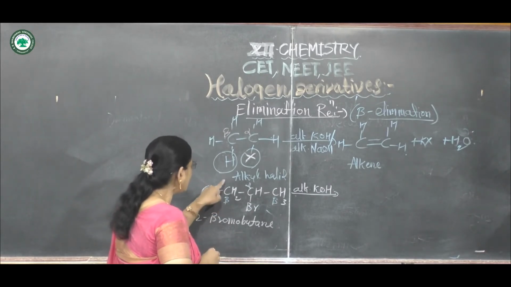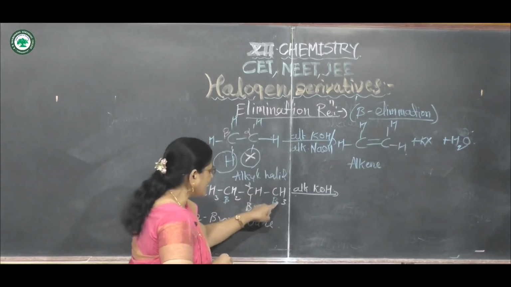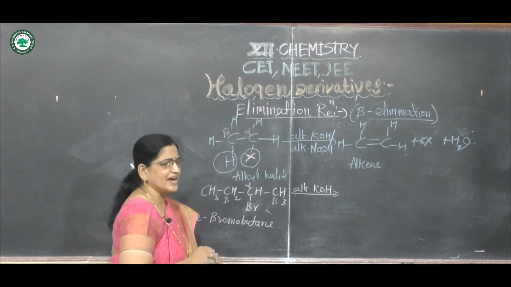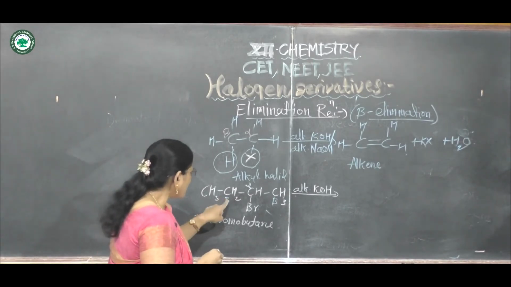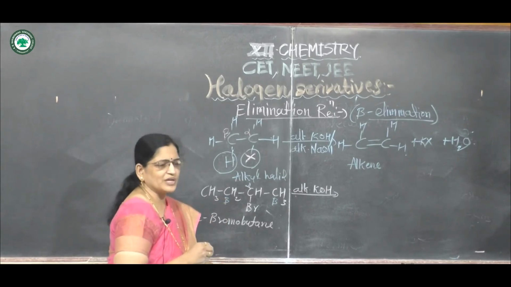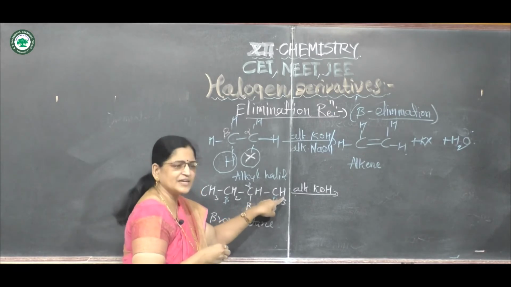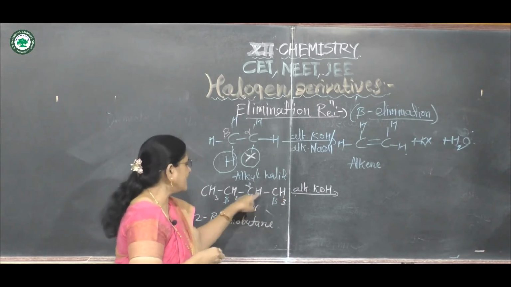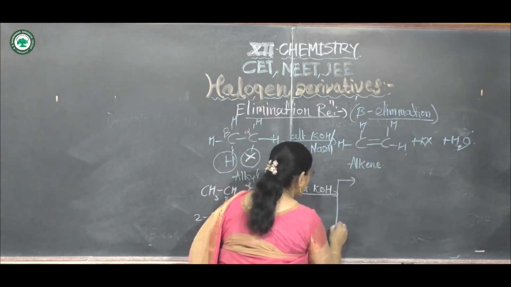On this beta carbon atom there are two hydrogen atoms, and on this beta carbon atom there are three hydrogen atoms. In the first case, hydrogen from this beta carbon atom is eliminated, and in the second case, hydrogen from the other beta carbon atom is eliminated, giving a carbon-carbon double bond. So it gives two different products.